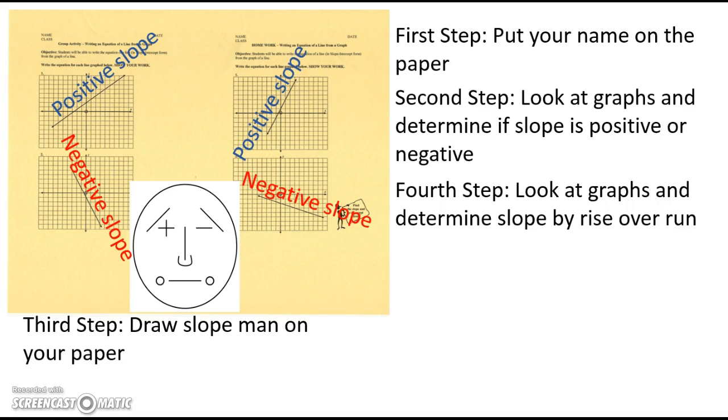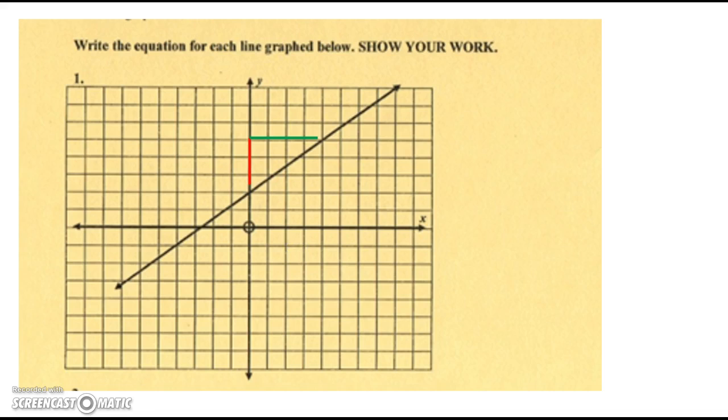Next step, you're going to look at your graphs and determine the slope by the rise over run. So, here we go. This is the first graph. The blue dot right here, that's your y-intercept. That's where your line is crossing the y-axis. So we start at the origin, 1, 2. So our y-intercept is 2. Find some nice pretty points, no in-betweenies, pretty points on the corners.